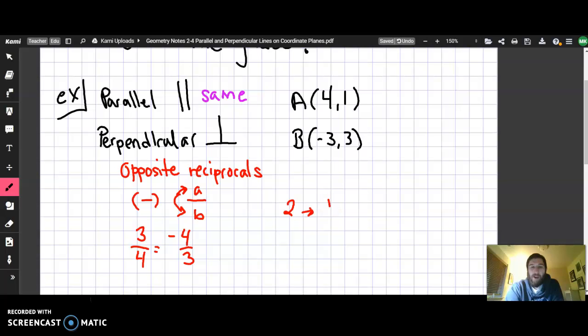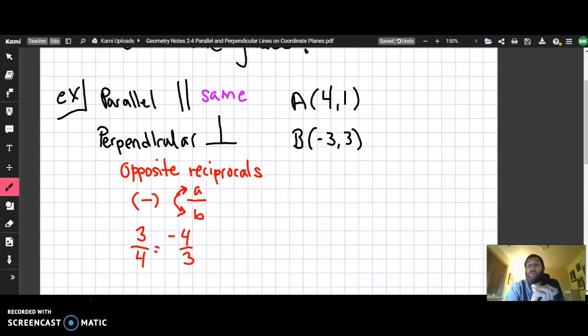Well, it's 1/2. So when we want to divide by 1/2, it goes back to being 2 again. That's why the reciprocal flips the fraction, because it really means division, and the opposite just means multiplying by -1, changing the sign. If it was negative, it becomes positive. If it was positive, it becomes negative.